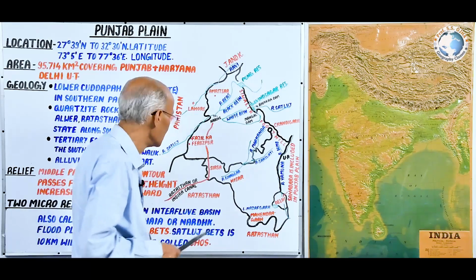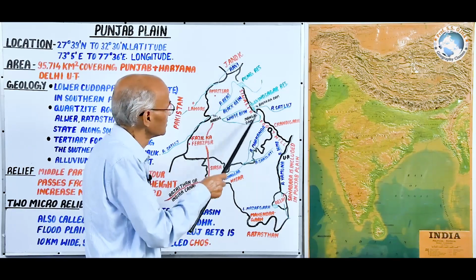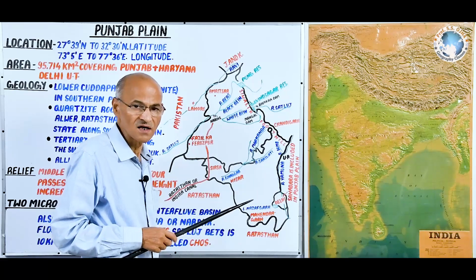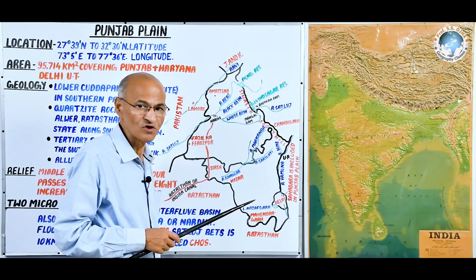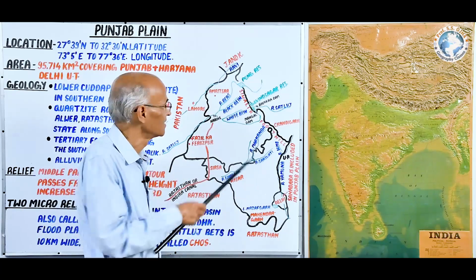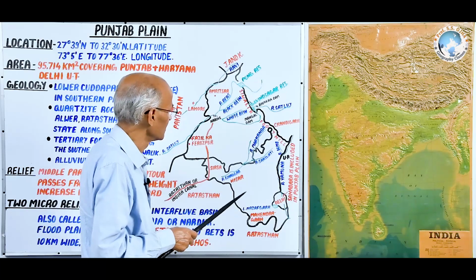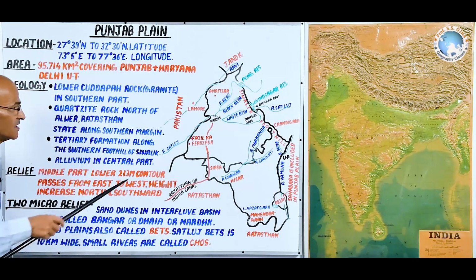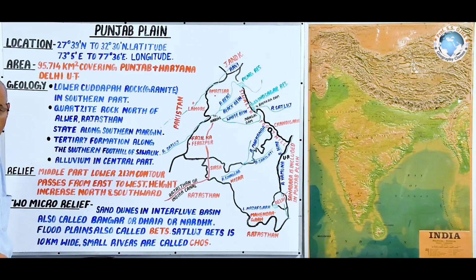For example, from the Shivalik mountain, several small rills, gullies and tributaries originate which cause vertical erosion, and these are called chaus. If we see its topography, then it is a unique saucer shape.